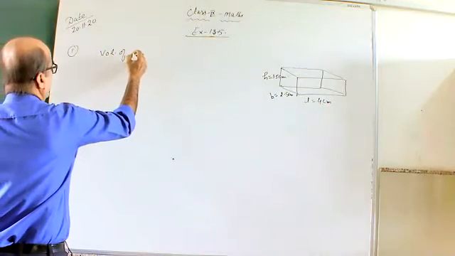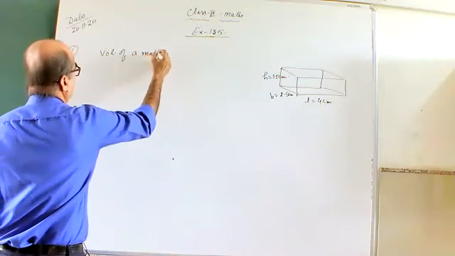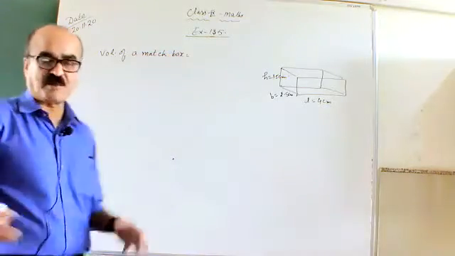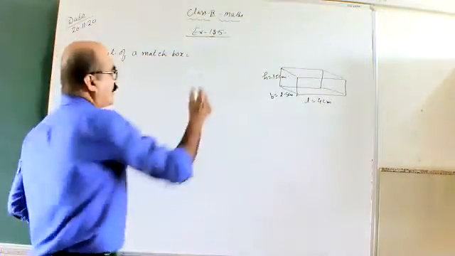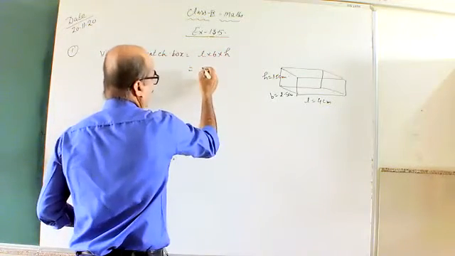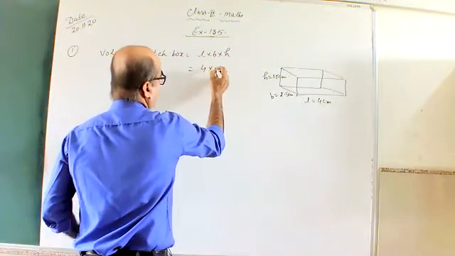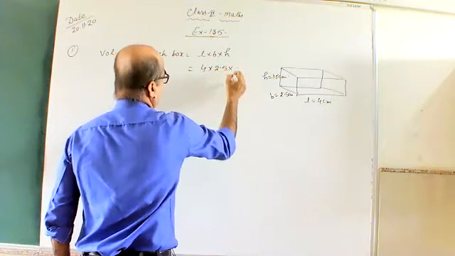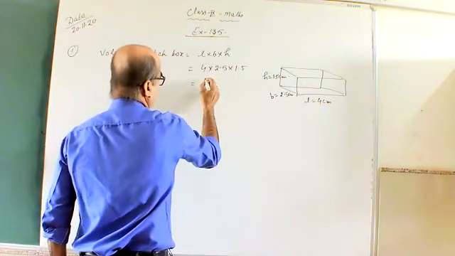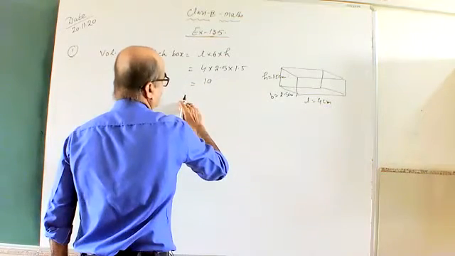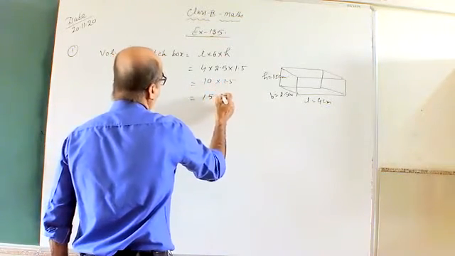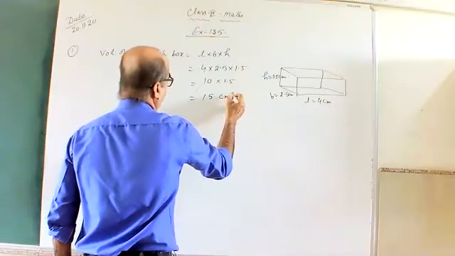Volume of a match box. The volume of a cuboid is L into B into H. So L is 4 centimeter, B is 2.5 centimeter, H is 1.5. So 2.5 into 4 is 10, and 10 into 1.5 will be equal to 15 centimeter cube.